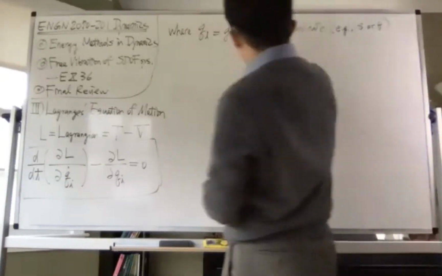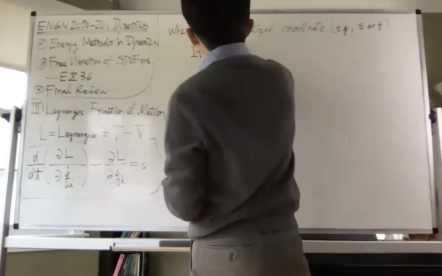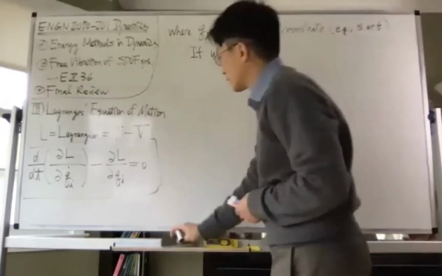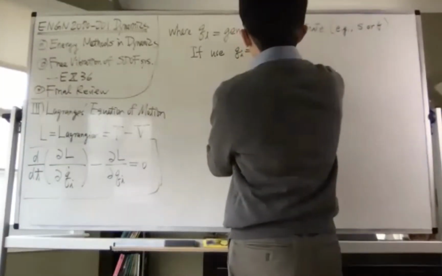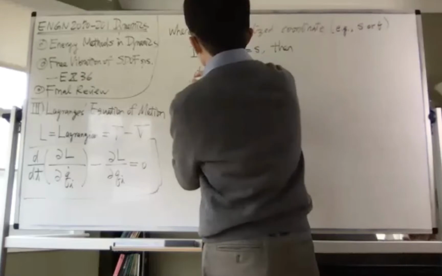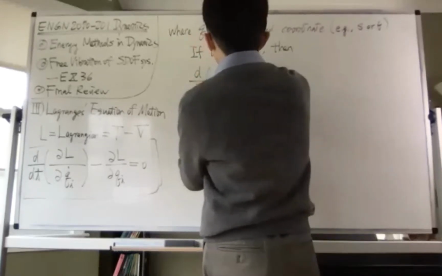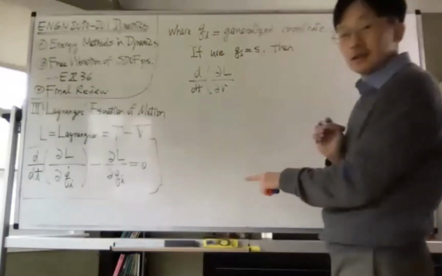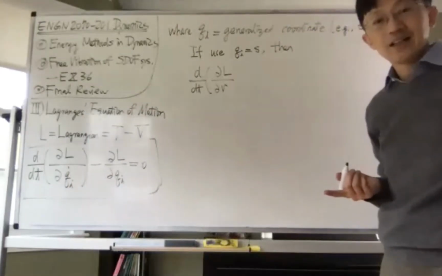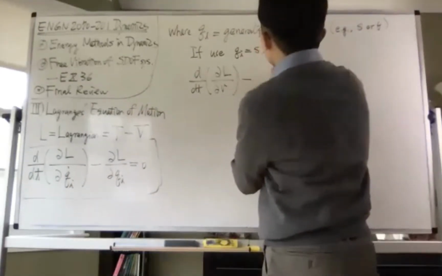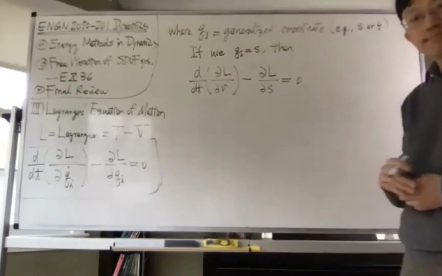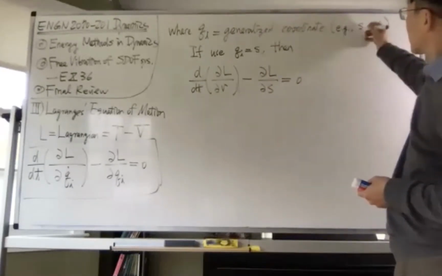Therefore, if you use Qi to be S mathematically, then we have the following formulation: the time derivative of partial L, partial V, because S is Qi and S dot is just V, minus partial L, partial S must be 0. That's the case when I use S.